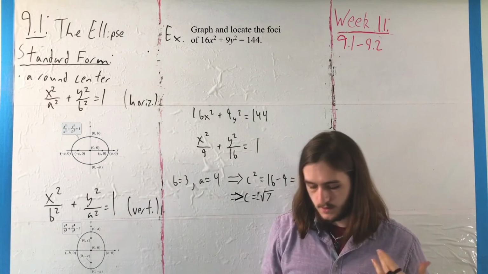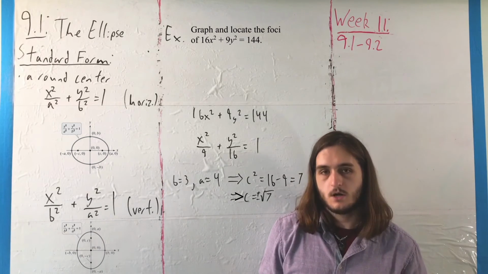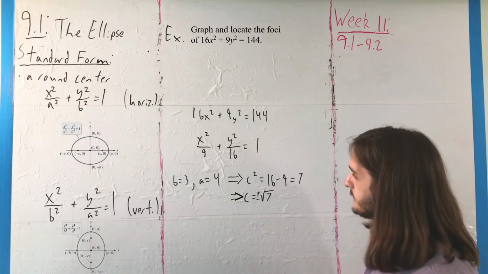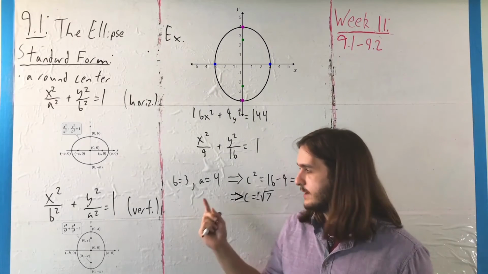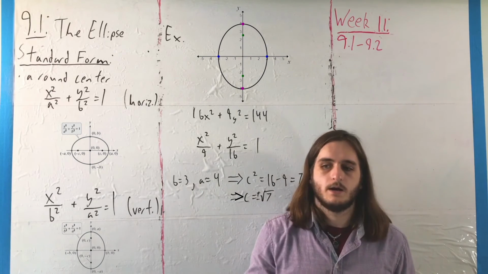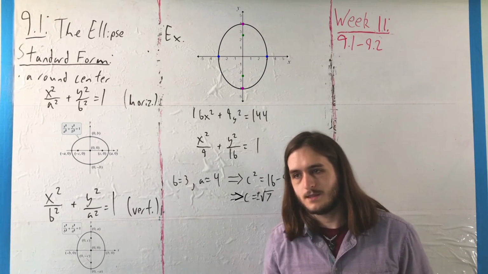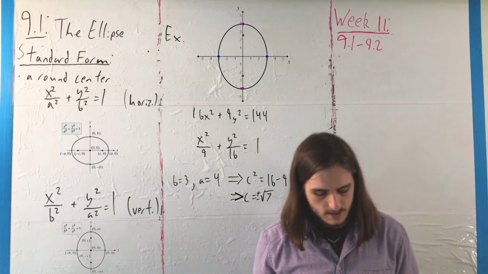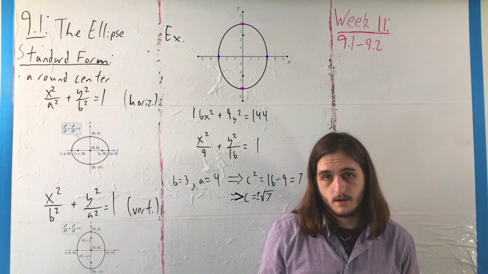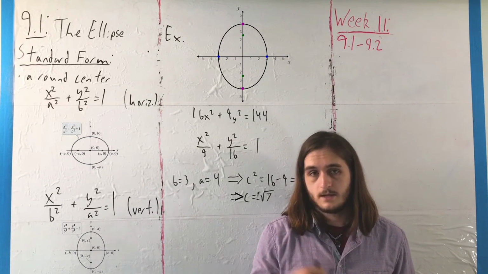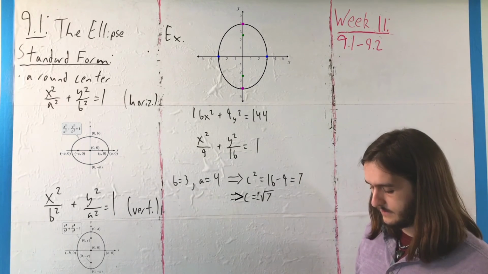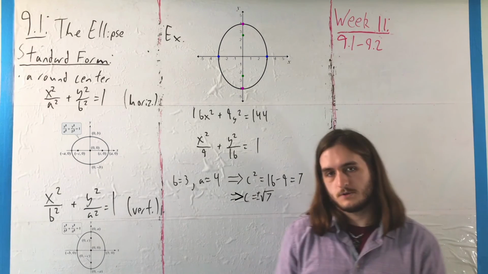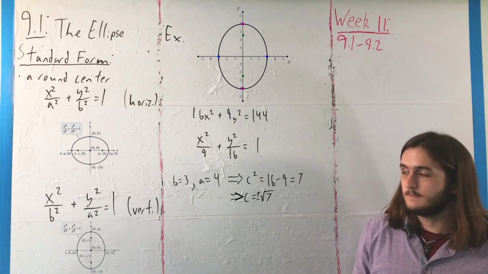From this we can then talk about what our graph will look like, because we're going to have a major axis that is vertical and has length 2 times 4, or 8, a minor axis that is horizontal and has length 6, and then our foci just on the inside up there, getting a graph like so, where for this graph we can see all of those properties as described.